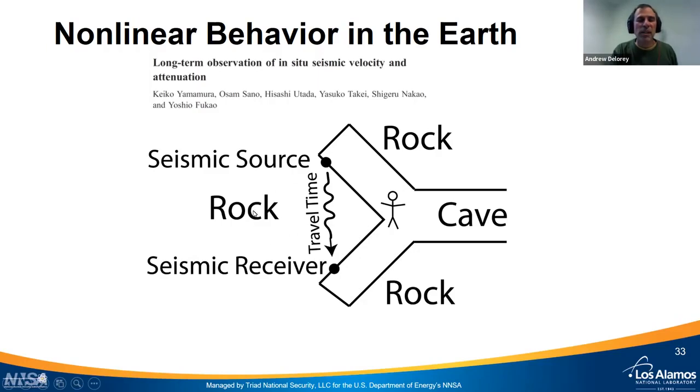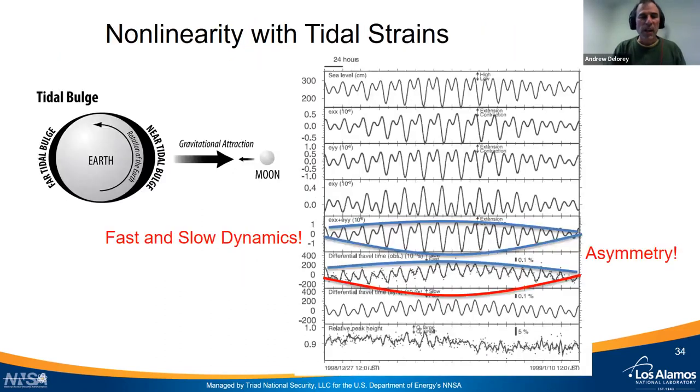And the strain is caused in this case by ocean tides. This site is right on the ocean, and so it experiences strains due to ocean tidal loading. And these are their results. What I'm going to show you here is sea level on the top, and EXX, EXY, and then the areal strain, EXX plus EYY.